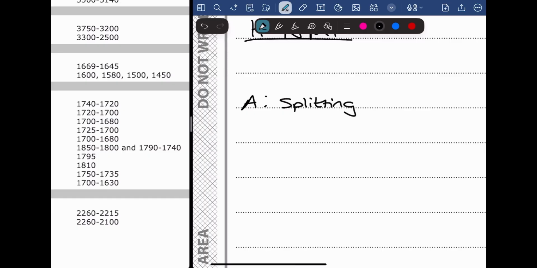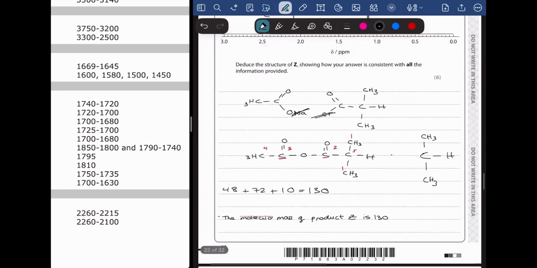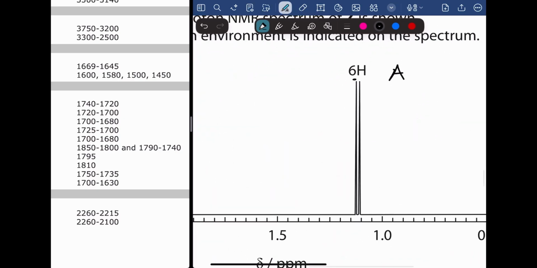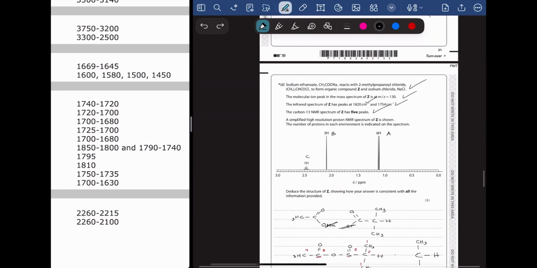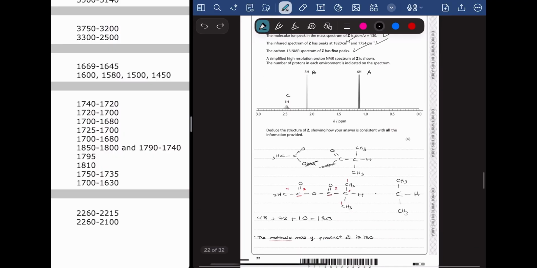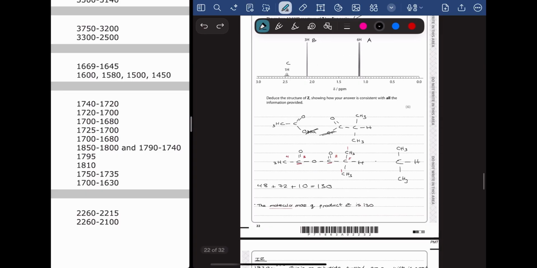And it's a doublet because there's two peaks, right? One here, one here. And if it's a doublet, that means that the adjacent carbon to this hydrogen environment has only one hydrogen attached to it. You should know this from NMR using the n+1 rule. So if it's a doublet, the adjacent carbon has one hydrogen attached to it.